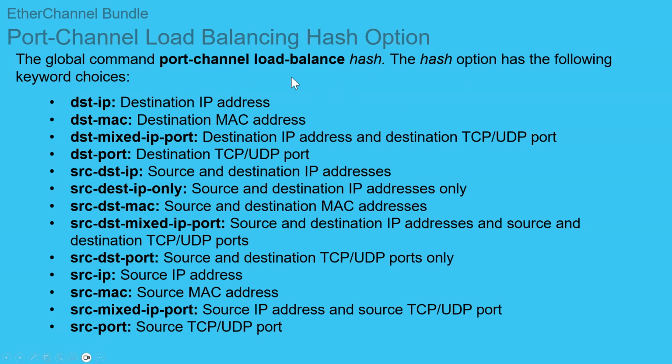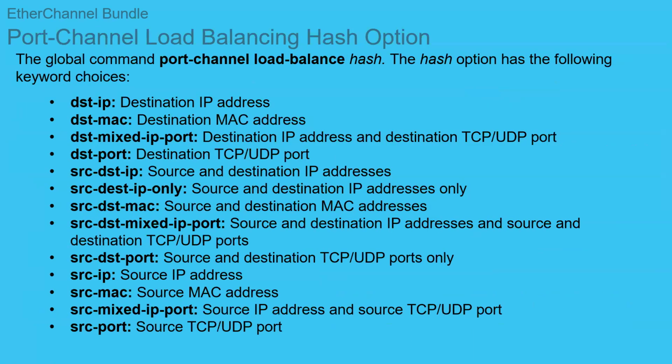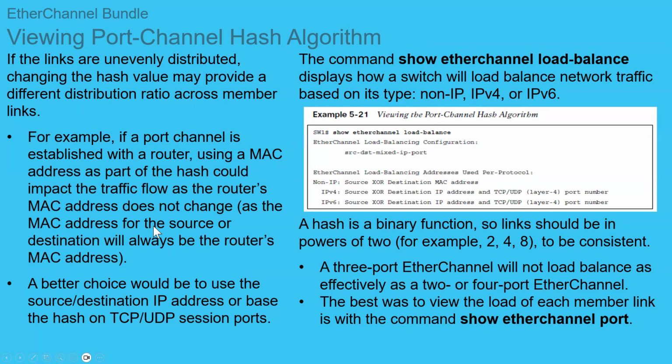By default, obviously, it has some default method, but we can check the port channel load balance method. Once we enable this, we will see what is running by default. But you will see that when they are bundling, they can forward the packets as per these combinations. And we even have the option to choose these options. By default, it may be something like source and destination IP or MAC, but we can manually assign these roles.